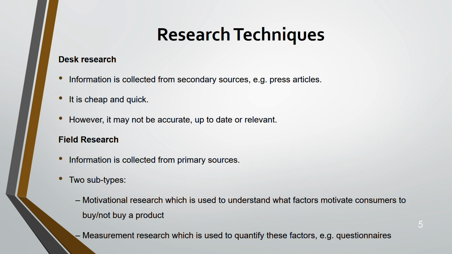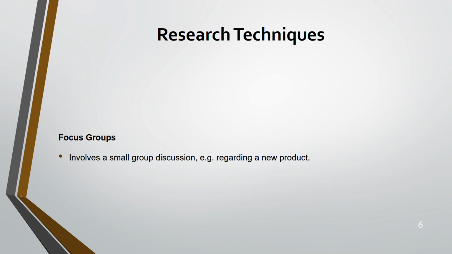Measurement research is where you quantify the factors through questionnaires or surveys. Then there is the focus group, a small group that discusses a new product, which also gives you ideas to improve it.